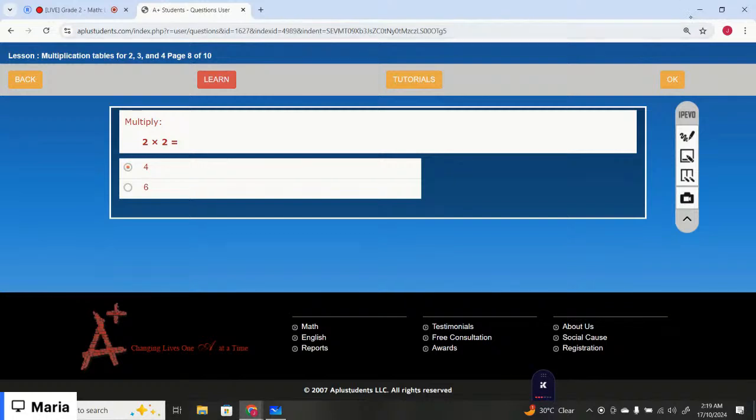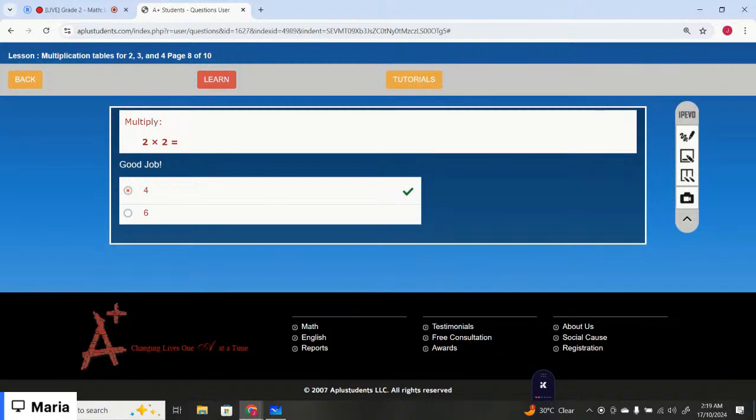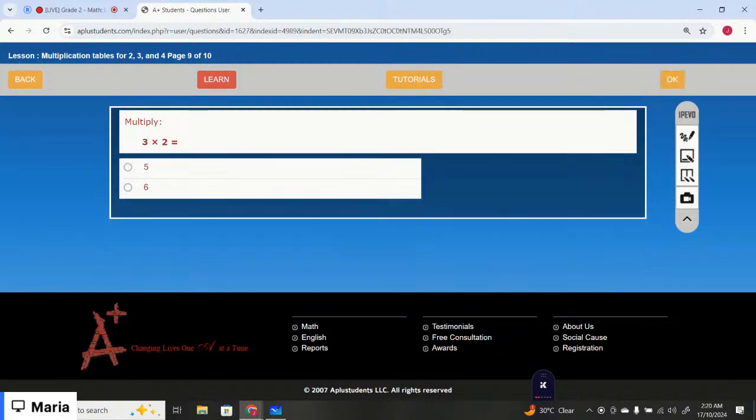Option number 1 is the correct option. 3 times 2, which is the correct option?